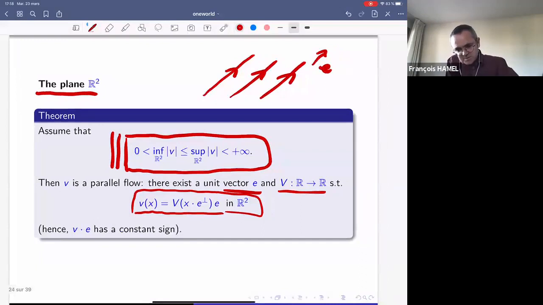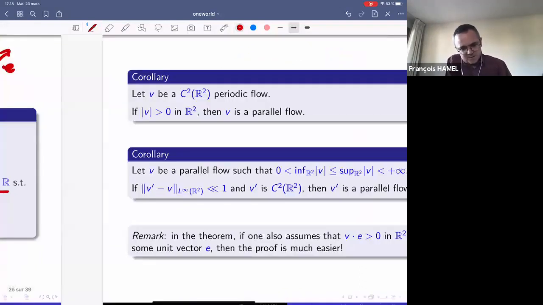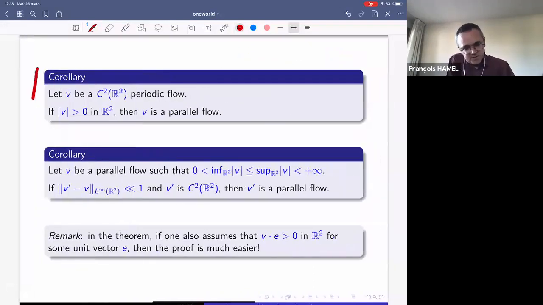As a consequence, if we have a periodic flow which has no stagnation point, then it is a parallel flow. And this condition is also stable with respect to the infinity norm.